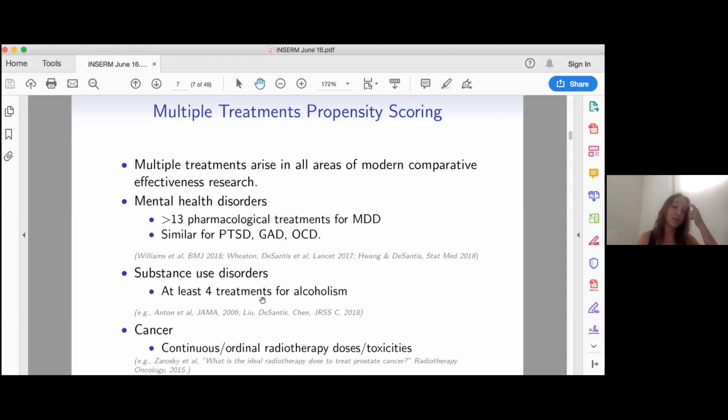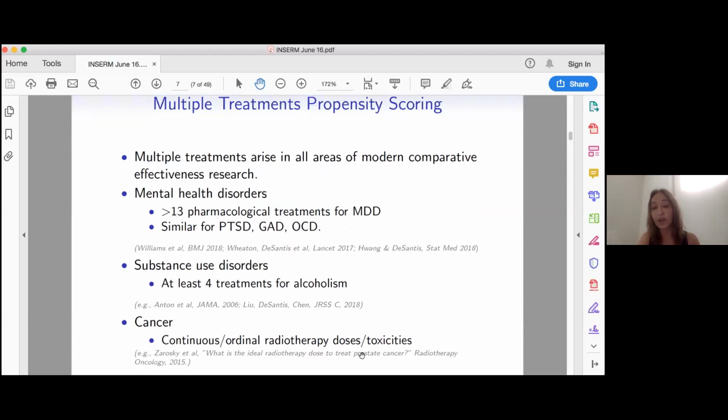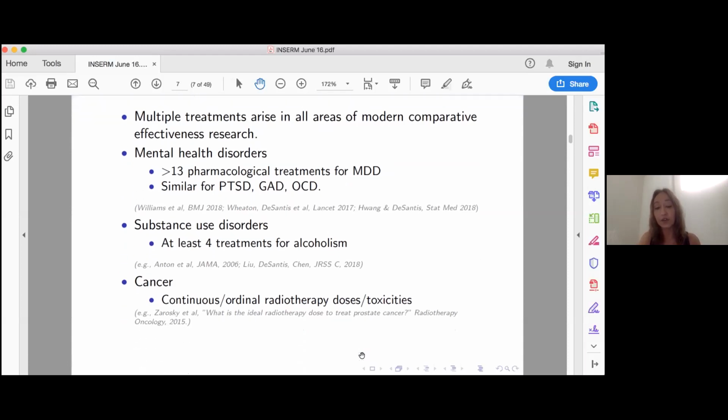There's at least 4 treatments for alcoholism. Cancer, of course, we are often looking at continuous or ordinal doses and toxicities to see what is tolerated by patients. So we are often in this multiple treatments framework.